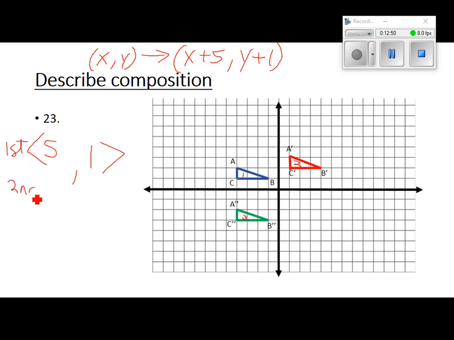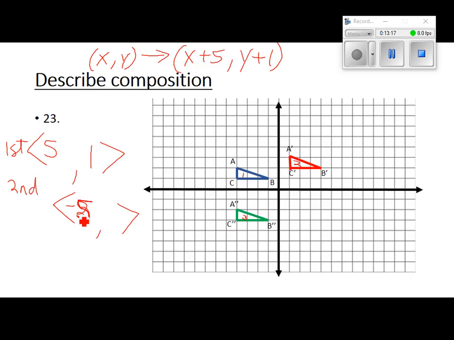Your second movement. What did we do to go from red to green? We'll write a vector again. You went left 5, and you went down.